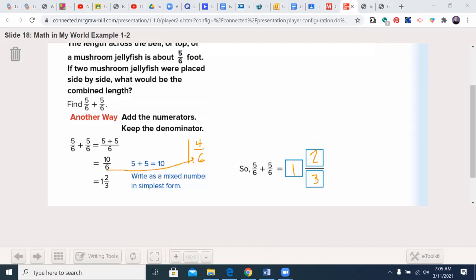So I have 1 and 2/3. Label it with a foot. So go ahead and write that in. Once you have that written in, you can turn to the top of page 620 for our next part of practice.